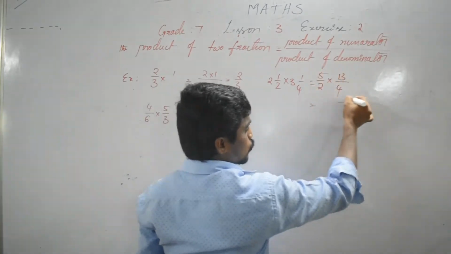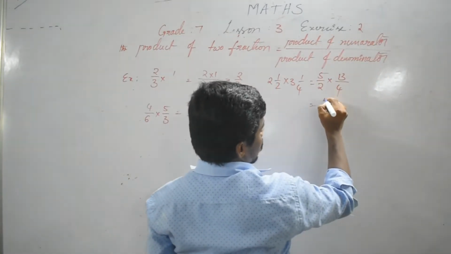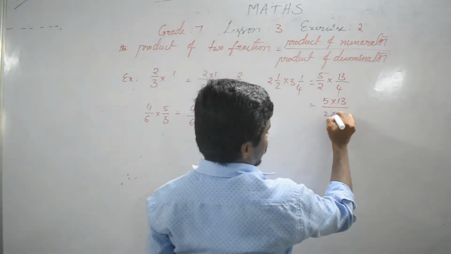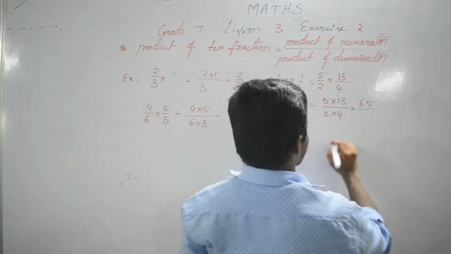Now these two are multiplied. Product of the numerators, 5 times 13, by 2 times 4. That is 65 by 8.